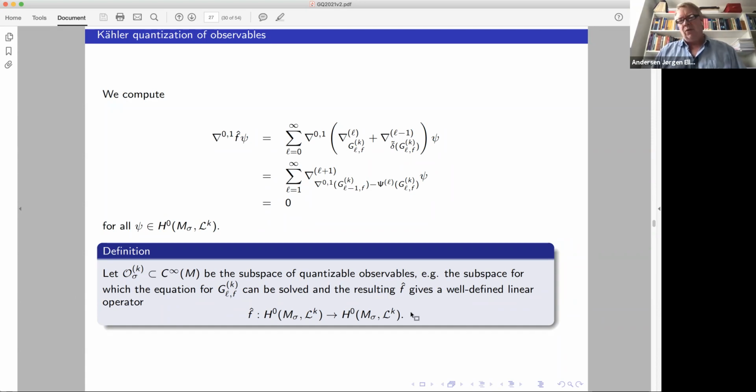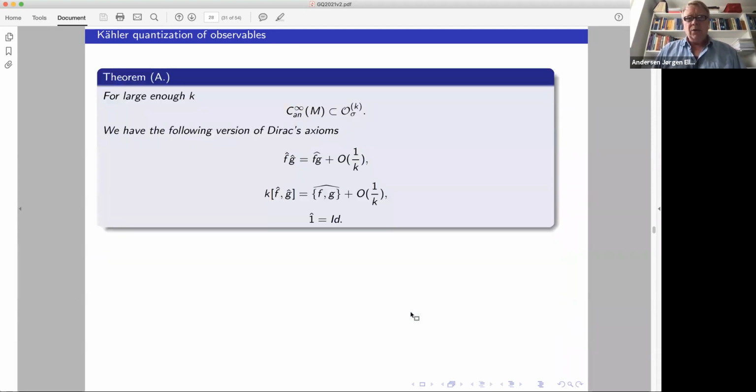And so this would be vacuous if I couldn't establish that this really works in some cases. And so let me show you the following theorem. If you assume that M has an analytic structure because it has a Kähler structure, and so if you take the underlying real analytic structure for that, then it turns out that all the real analytic smooth functions actually are inside this ring of observables. So you can quantize all real analytic functions.